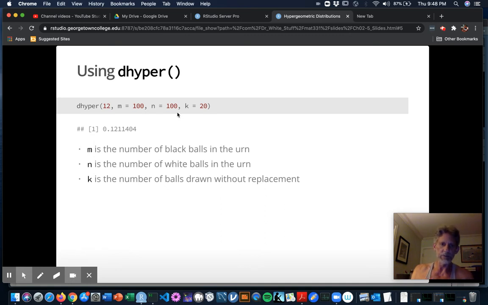You have to say how many balls you're drawing out without replacement, and that's done with a parameter called k. It's going to be really hard to remember those parameter names. You'll probably have to get help on dhyper every time you use it for a while. Or just remember to use things in the right order: the number you want, number of blacks, number of whites, number of draws.